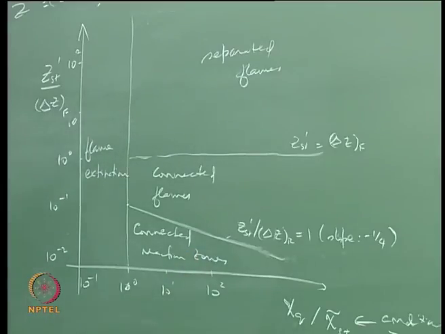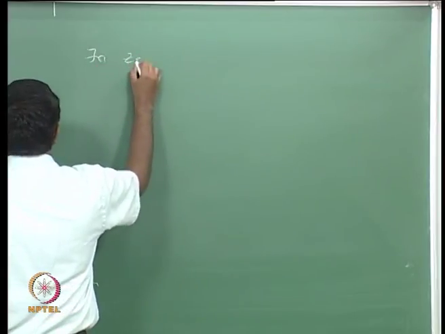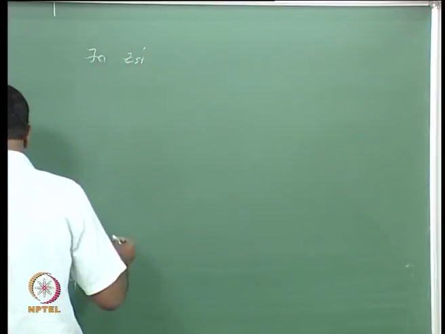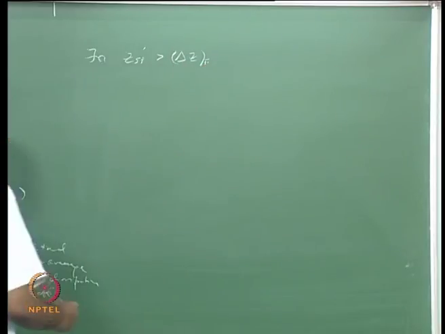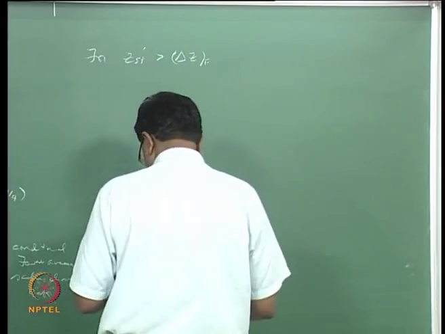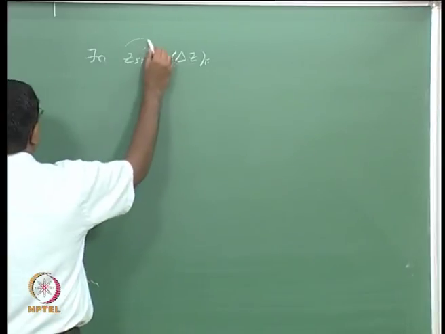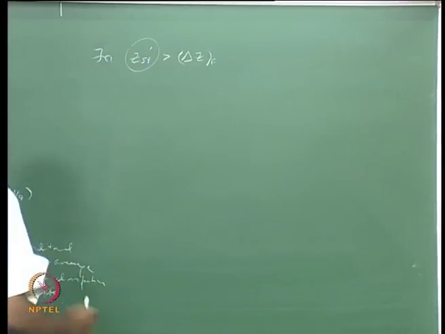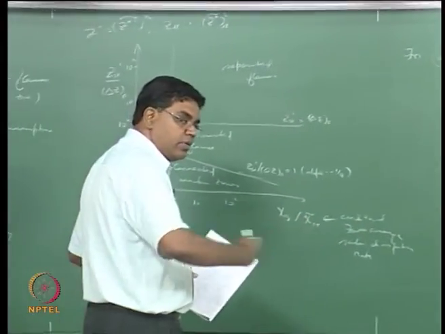Right, so let's again explain these things. For example, when you have zst greater than delta zf, this means you have fluctuations that are greater than delta zf, which corresponds to the preheat zone.